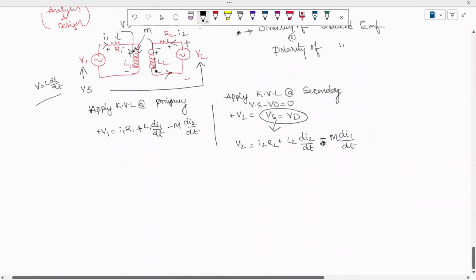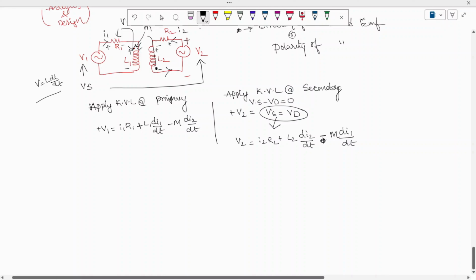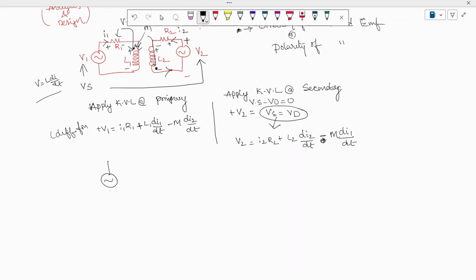But to overcome all this writing in differential form, let us try to analyze in AC form. I'm giving an AC supply. I have a resistor, I have an inductor, and here also I have an inductor.